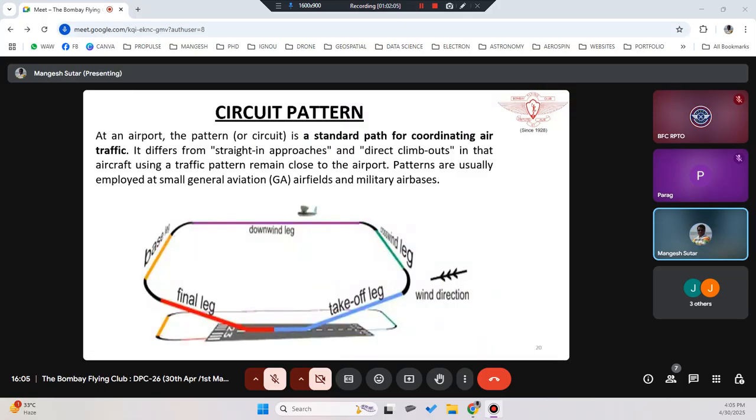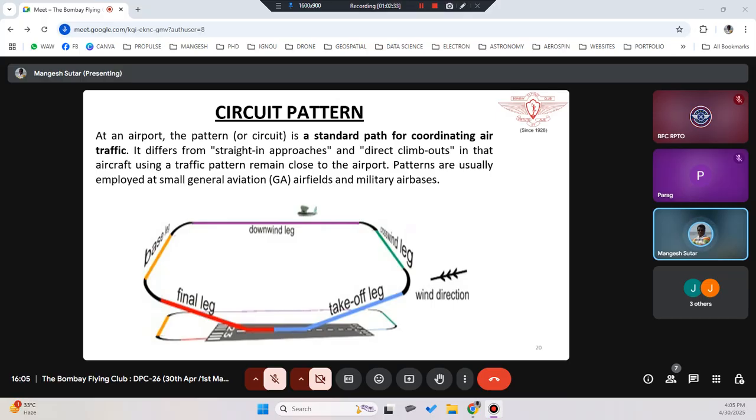This is how normally the circuit pattern is used by students when they are learning pilot flying, the aeroplane flying. They will take off from the same runway, change the orientation of the aeroplane, go crosswind, then downwind, then a base leg, and then land at the same landing strip, called the final leg.